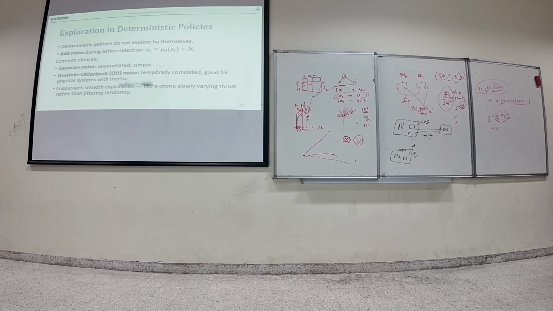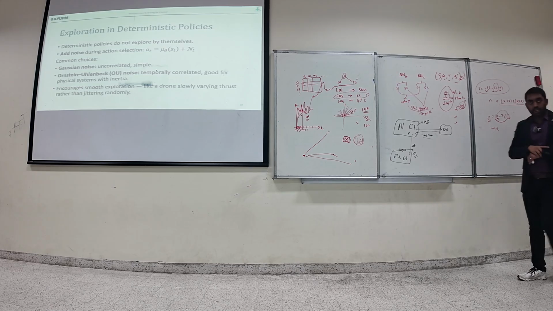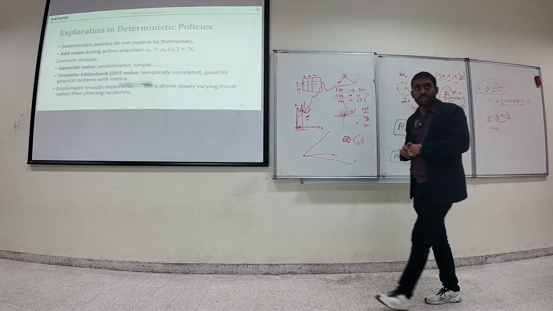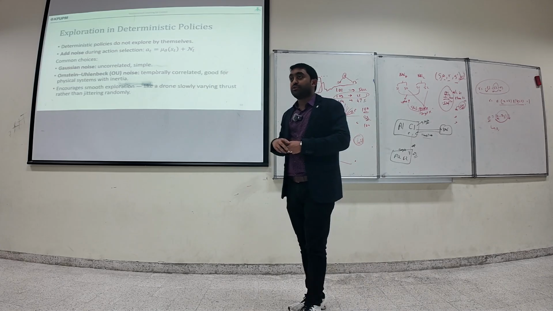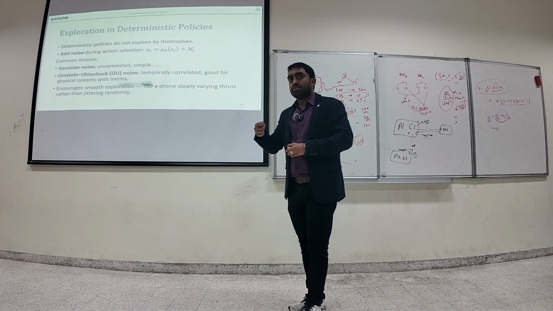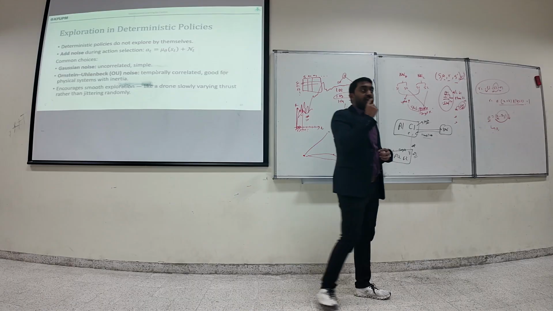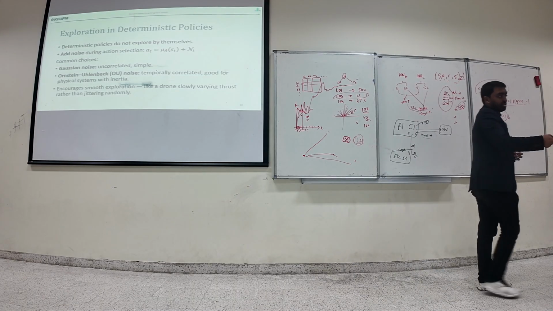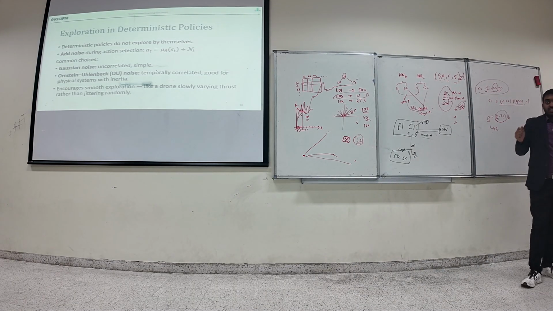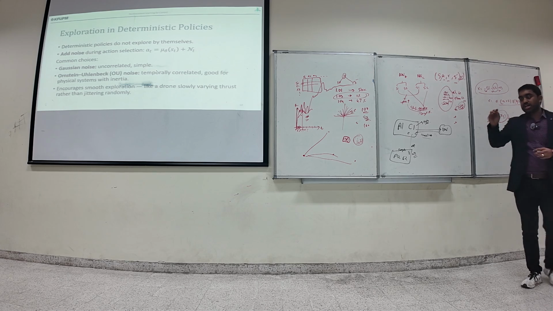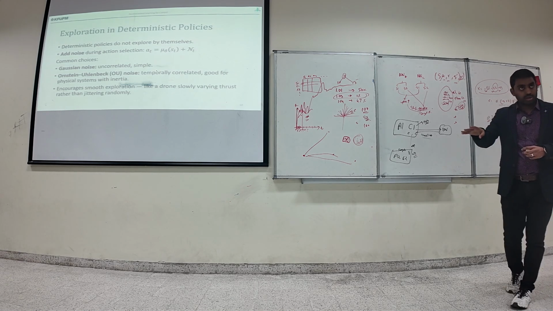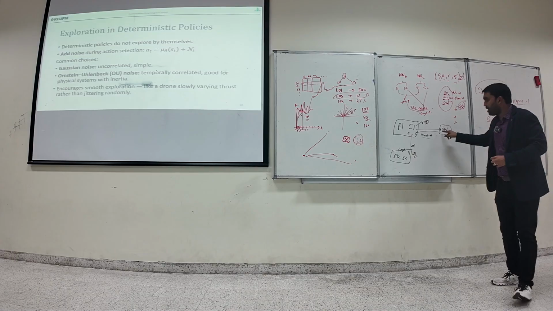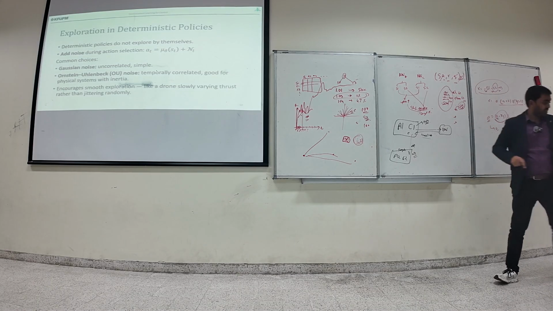Because this is inherently deterministic, the exploration is poor in DDPG. So we have to force exploration, and we do that through the induction of noise in actions. After the actor gives us a certain action, before executing it in the environment, we add some noise at this point.